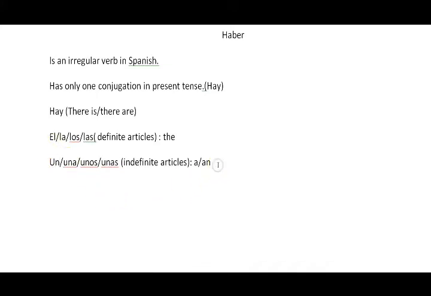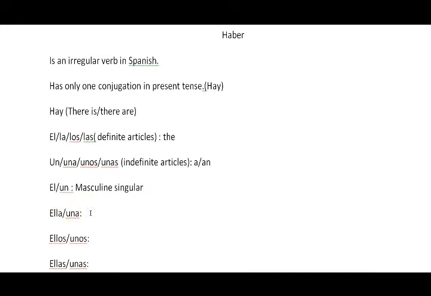So let me simplify. You must be wondering, ma'am, it is so confusing. First we were having difficulties understanding el, la, los, las. Now you have told us another thing which is un, una, unos, unas. How do we differentiate that? It is very simple. El or un, both are used for masculine and singular.